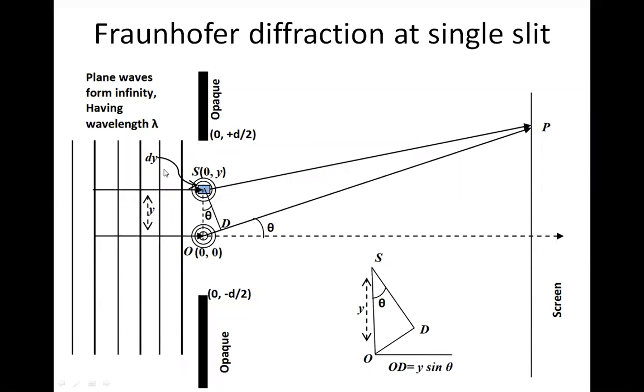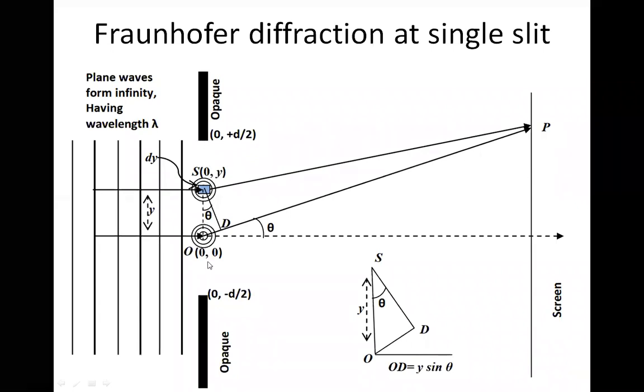Once again, imagine that the time is frozen. You are sending light rays from the left hand side, and just after reaching the slit, every point has started behaving like a spherical point source. To understand this, I should draw so many point sources, but I have not drawn them to avoid confusion. I will show the other diagram in the next slide. So I have taken only two spherical sources.